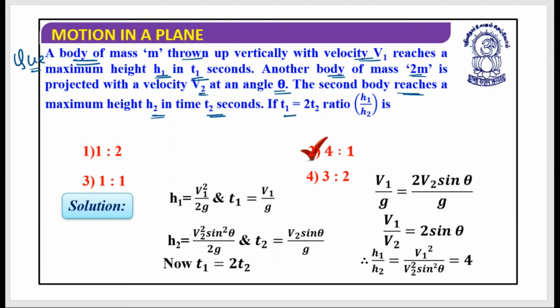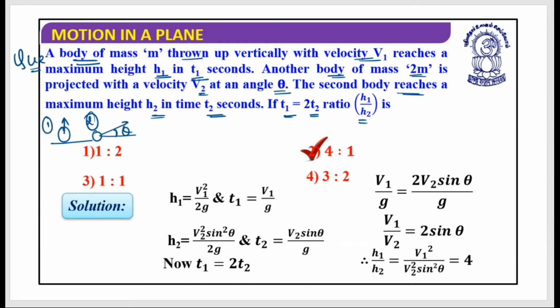And if t1 is equal to 2t2, then I need to find the ratio of h1 is to h2. So one has been thrown in the vertically upward direction, and the other is thrown at angle theta, something like this. This is the first situation, and this would be the second.